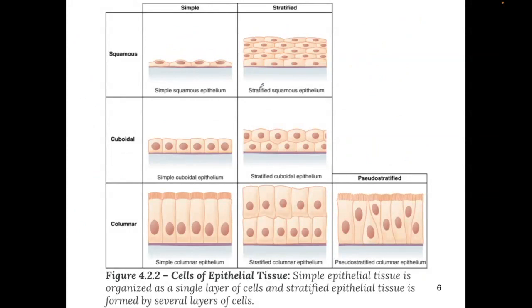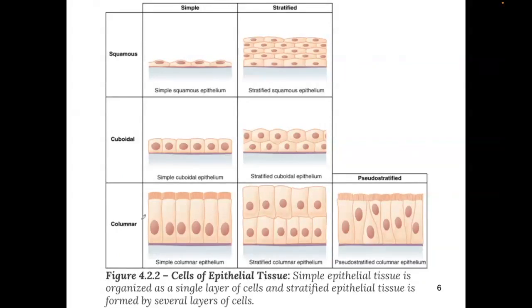If we see multiple layers, then it's stratified squamous epithelium. Cuboidal, we're looking at these ice cubes, they're squares, and it's one cell layer thick, so it's simple cuboidal epithelium. When we see multiple layers of the squares, it's stratified cuboidal epithelium.